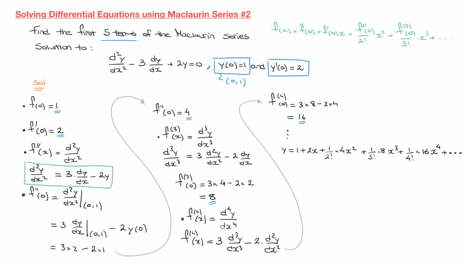We'll have y equals 1 plus 2x plus 2x squared, plus 1 over factorial 3, which is 1 over 6, so that's 1 over 6 times 8, which turns into 8 over 6, the same thing as 4 thirds, of x cubed, plus 1 over factorial 4, and since factorial 4 is 24, that's 1 over 24 times 16, which is the same thing as 2/3 times x to the power of 4, and of course we could carry on forever that way. And as such, we're done.